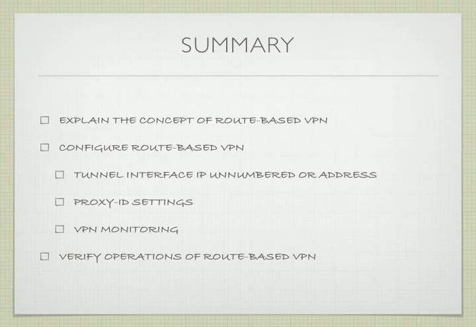And the VPN itself is still a VPN, so you need to get through your phase 1 and phase 2 negotiations and create your tunnel. So you need to know how to troubleshoot those. In terms of our verification operations, there's nothing new. These are the same tools that we've seen in the routing lesson, the policy lesson, and the policy-based VPN lesson.